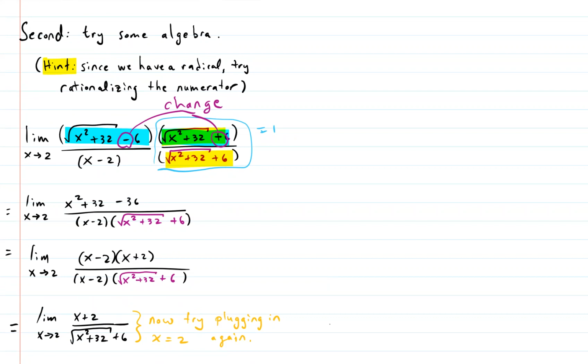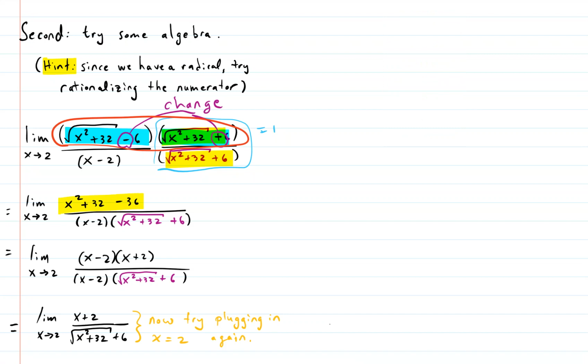So we are indeed multiplying by 1. Once we do the algebra, multiplying what we have here in the numerator, which is a foiling problem, we get the square roots multiplied by each other, which gets rid of the square roots. We have a negative 6 times the square root of x squared plus 32 and a positive one; those cancel out. Then negative 6 times 6 gives us 36. So we get that in the numerator.